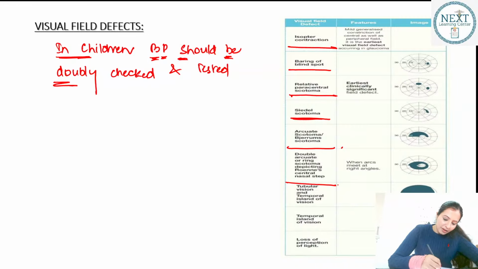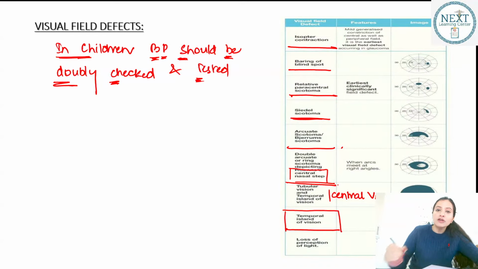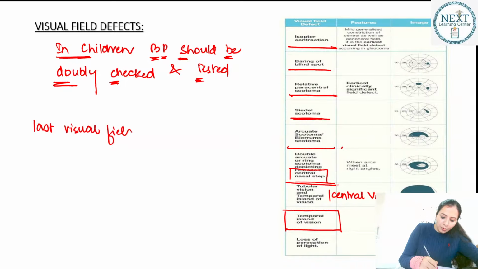Then after this you have Roenne's central nasal step. C stands for central vision and T is the temporal island of vision. Which is the last visual field to go? That is the temporal field.